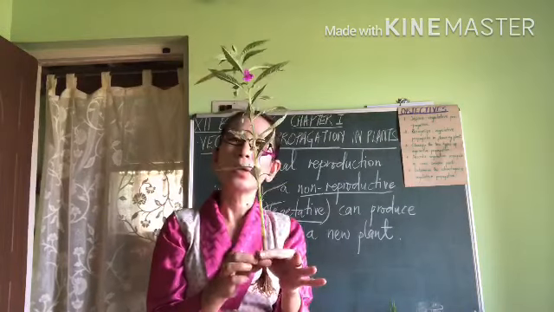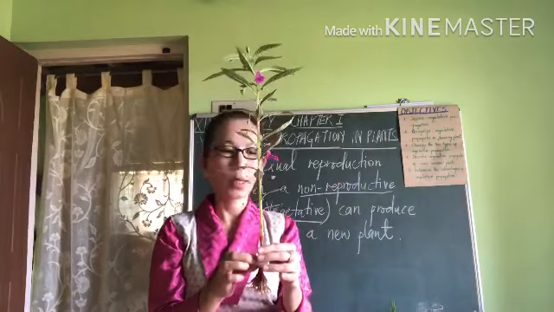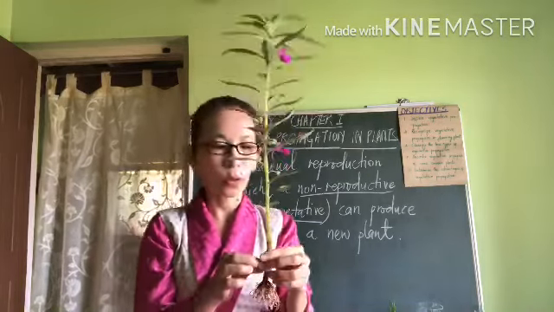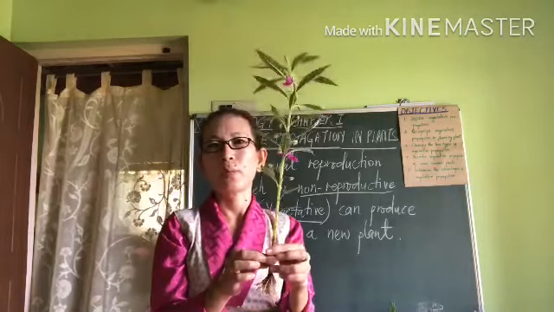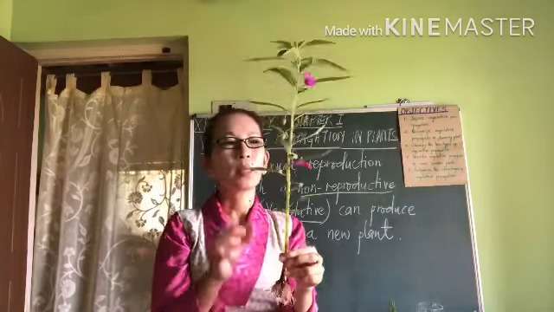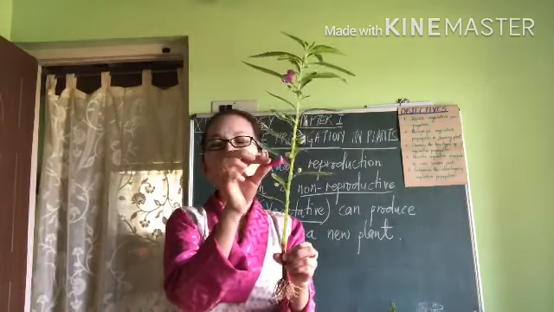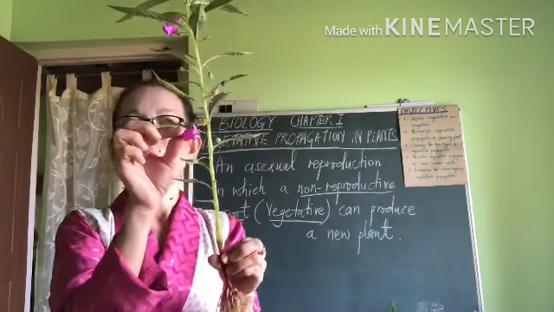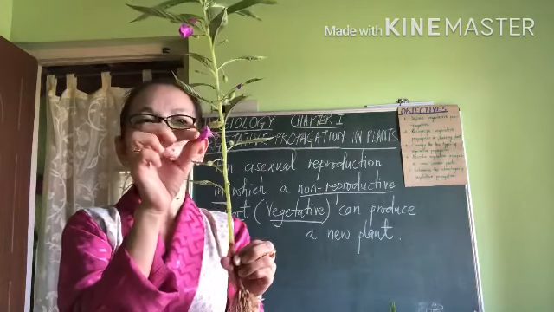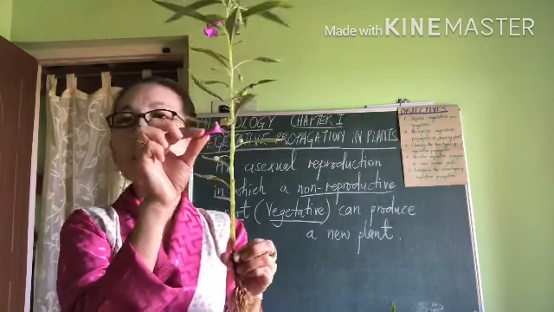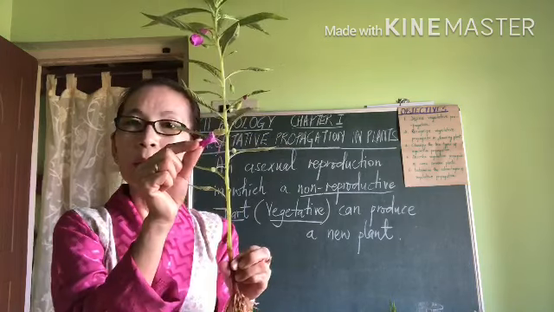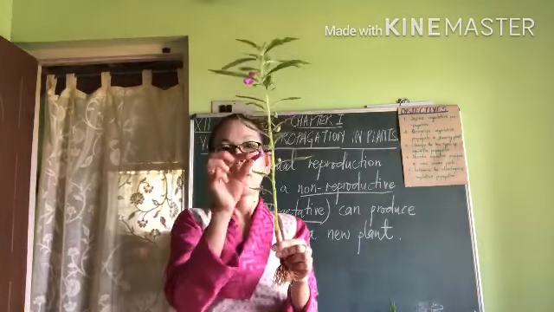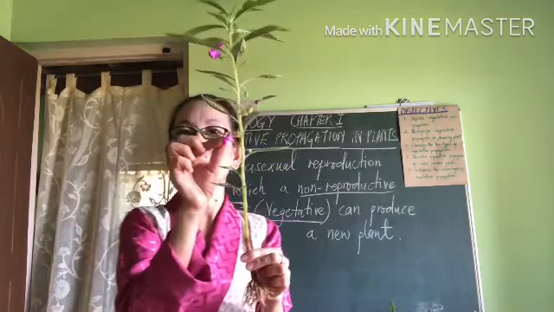Now the question is, which are the reproductive parts and which are the non-reproductive or vegetative parts of a plant? So I guess everybody knows, right? Flowers are basically the structures where they have the pollen grains, they have the ovary, they have the ovules, right? And then they have the gametes as well, and because of which they become the reproductive organ of the plant.